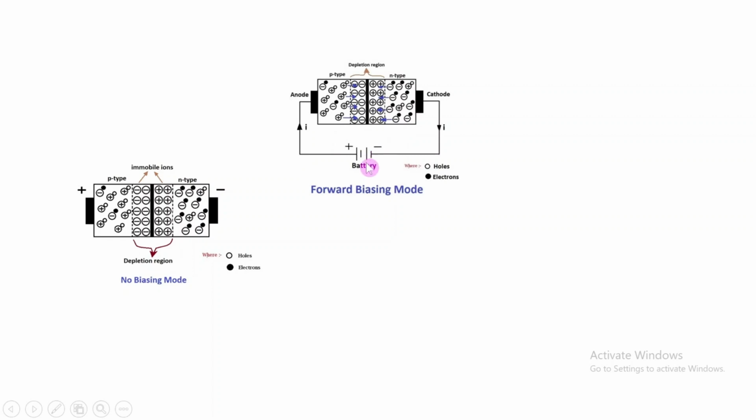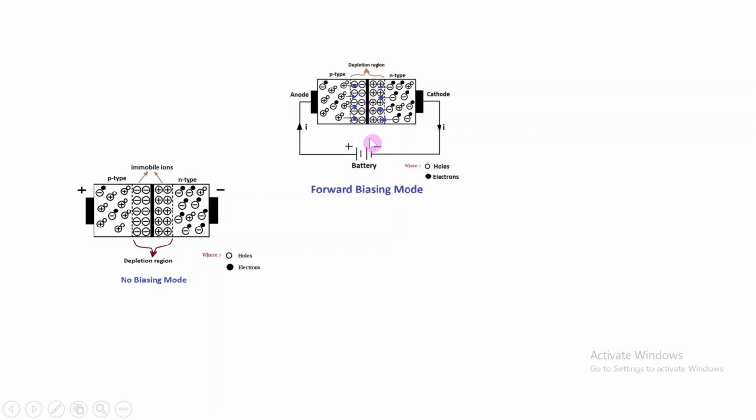In the n-type material we have the electrons, and this negative terminal, as a cathode, will repel the electrons towards this PN junction. On this side we have the positive plate as an anode, and that will repel all these holes towards this PN junction region.